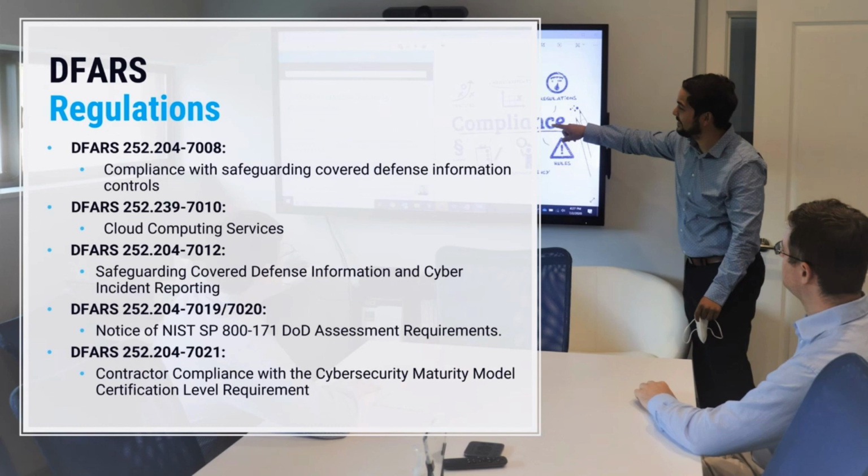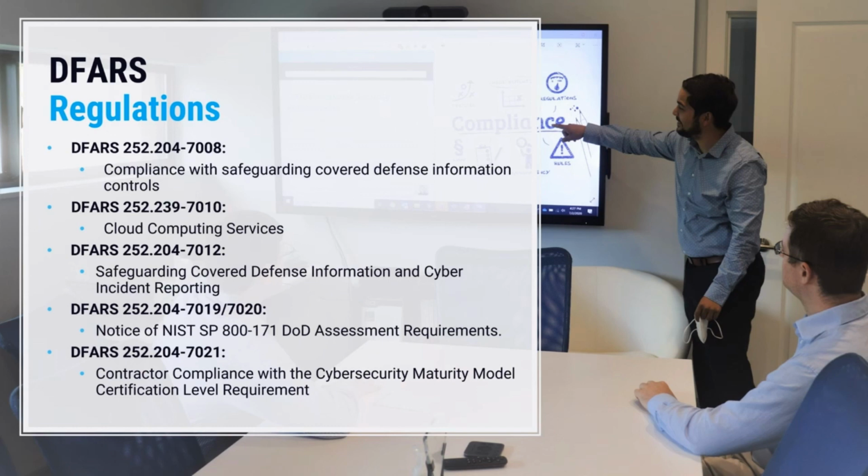Also, this clause outlines the requirement for this specific clause to be flowed down to your subcontractors and included in any subcontracts that you assign. It does require that prior to awarding a contract to a subcontractor, you, essentially their prime, are ensuring that the sub has a current CMMC certificate at the CMMC level of the sensitivity of the information that will be shared with them.